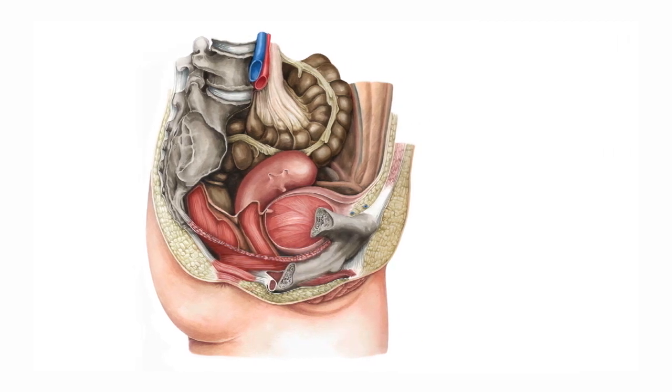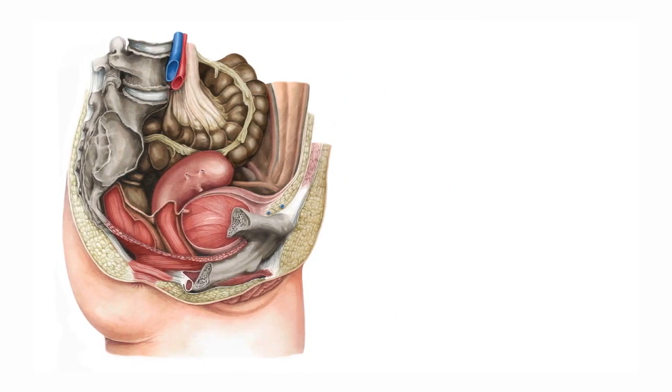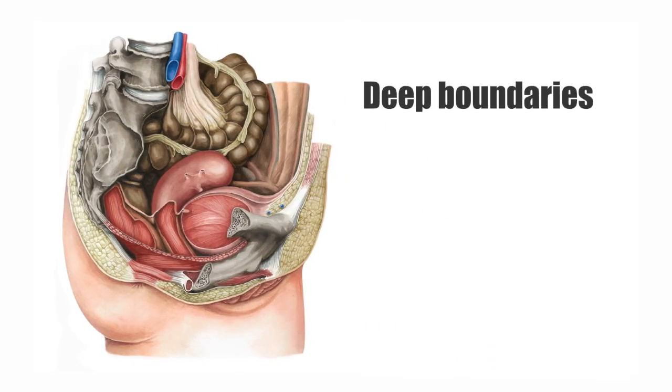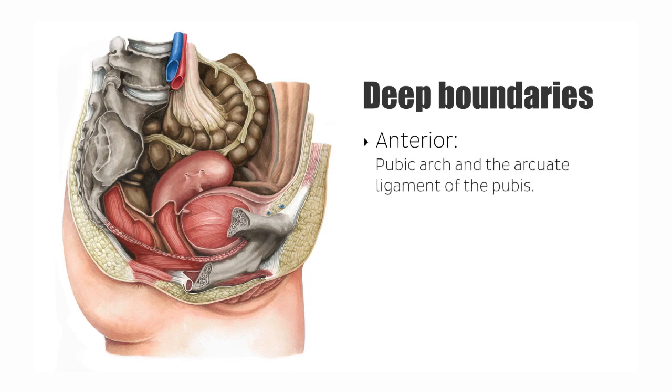There are a few structures related to the perineum that are worth mentioning here, some that we call deep boundaries of the perineum. There is an anterior one, which is defined as the pubic arch and the arcuate ligament of the pubis. Posteriorly, we're going to see the tip of the coccyx, this bone here, which will also be defining the deep posterior boundaries of the perineum.